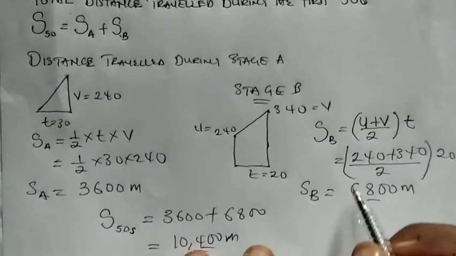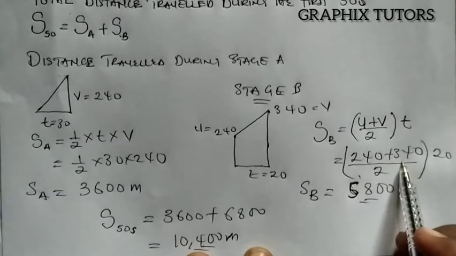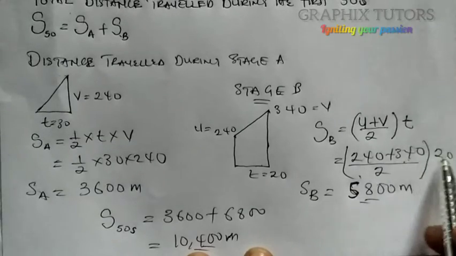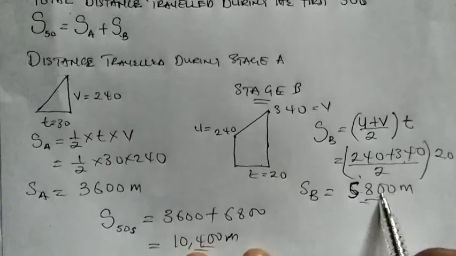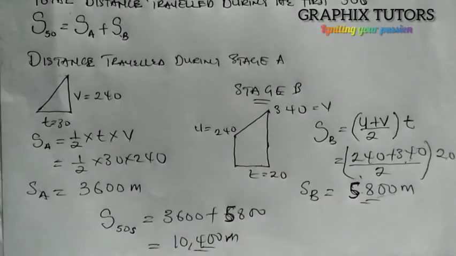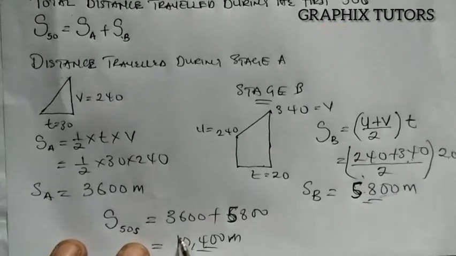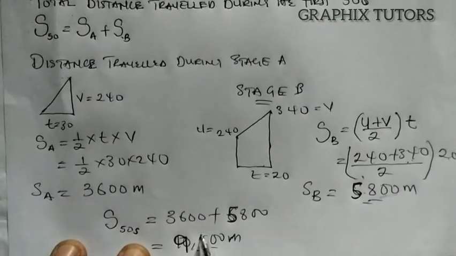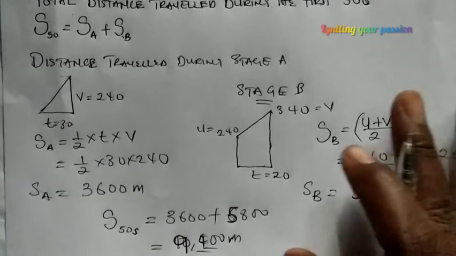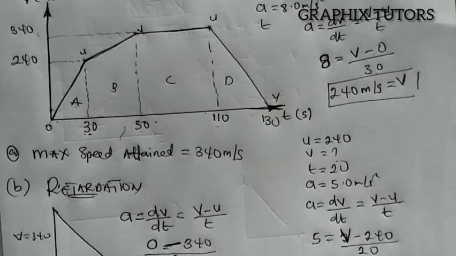Sorry, this is 5,800 because 240 plus 340 is 580 times 20 divided by 2 give you 5,800. So this will be 5,800 here, right? So 5,800 plus 3,600, and that'll give me 9,400 meters. Then the last but not the least, we say the average speed during the same interval.